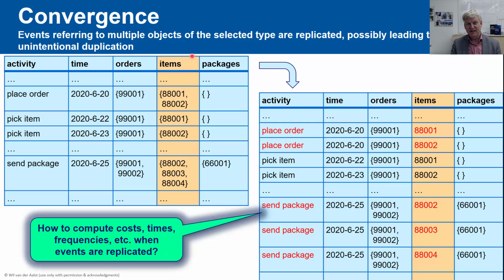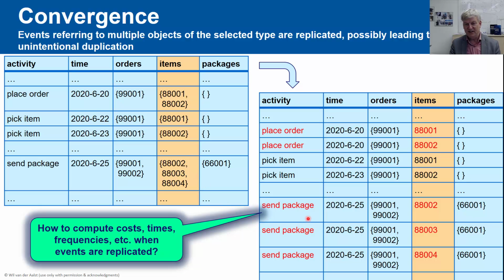If we are taking items as a case identifier, we are replicating these events, and that leads to the potential problem that there are three events referring to the same original event.